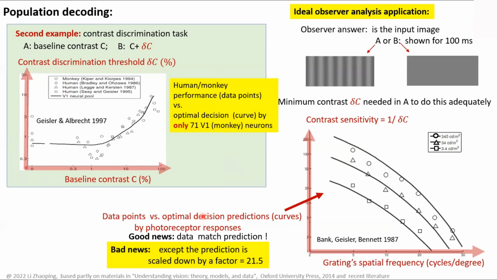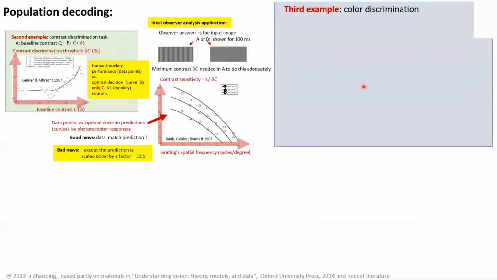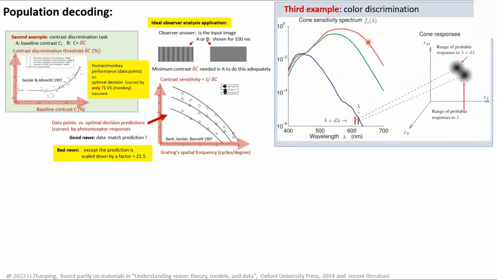Here's a third example, color discrimination in monochromatic light. We know we have red, green, blue cones, and these are the sensitivities to different wavelengths, in log scale. You can have monochromatic light at wavelength lambda versus lambda plus d lambda. These two wavelengths give you two different response levels plus noise.